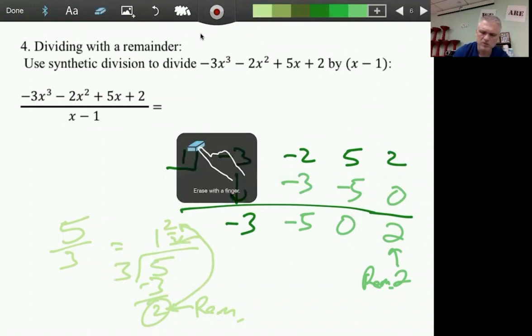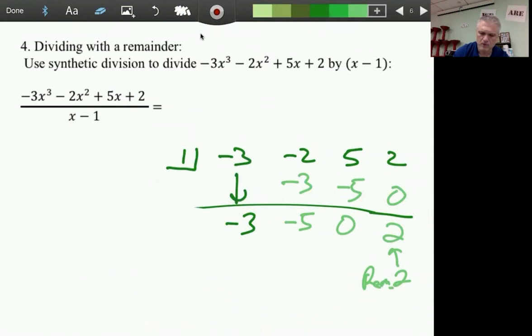Okay, so let's do the same thing here. We are going to look at what the answer is going to be. So this was x to the third, so this is x squared, x to the first, and x to the 0, which is just a constant. And then here's my remainder. So -3x cubed minus 2x squared plus 5x plus 2 divided by x minus 1 is going to equal -3x squared minus 5x.